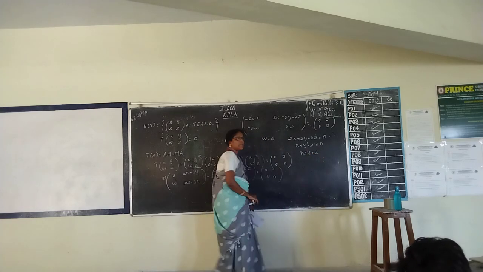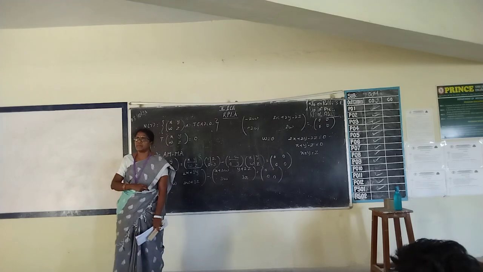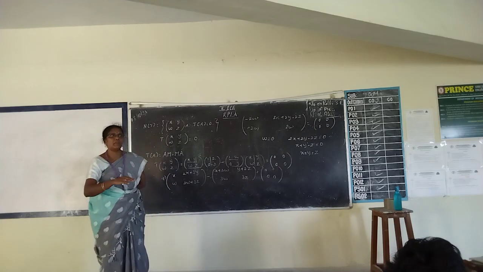If you want, you can rewrite it like this. With this one equation, can you find x, y, z? Not directly. But what is the other way of finding the solution?